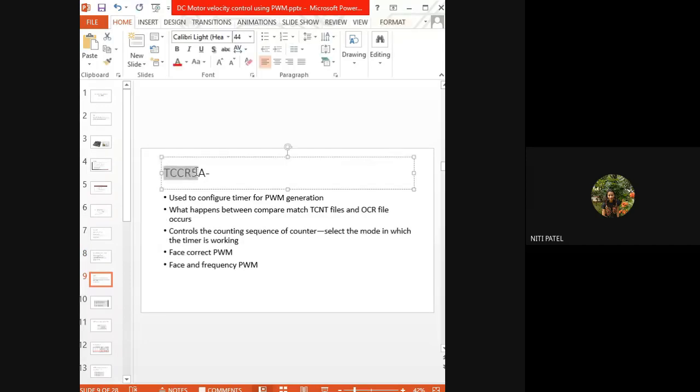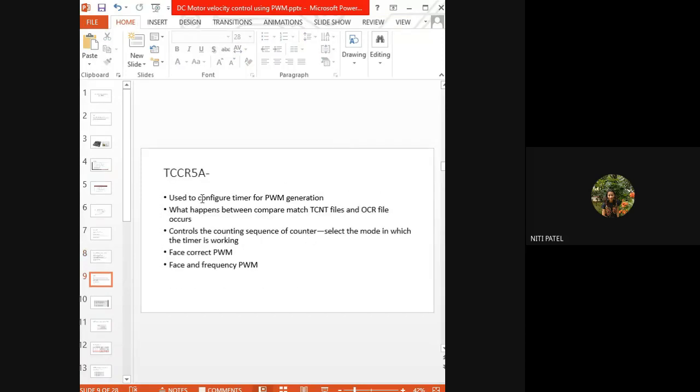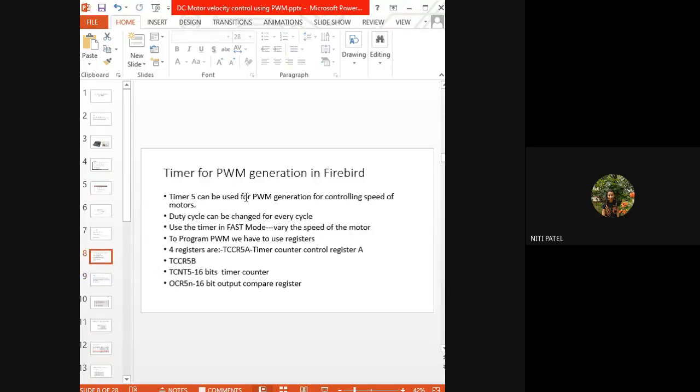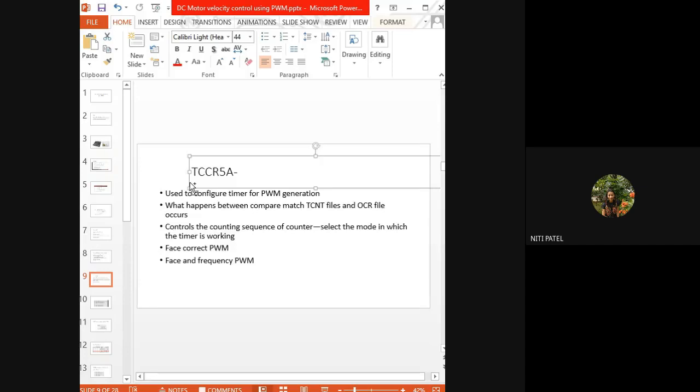Let us see TCCR5A. What is TCCR5A? It is timer counter control register. What is it used for? It is used to configure the timer for PWM generation. That means ये waveform कौन से time पे generate होने चाहिए, कितना देर चलना चाहिए, all that will be decided by this particular register.